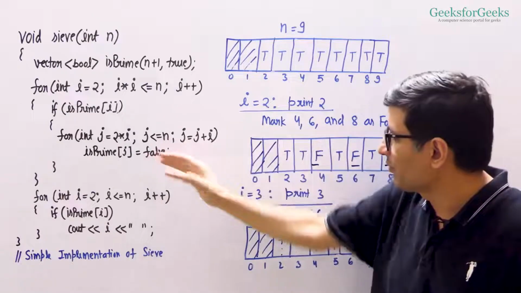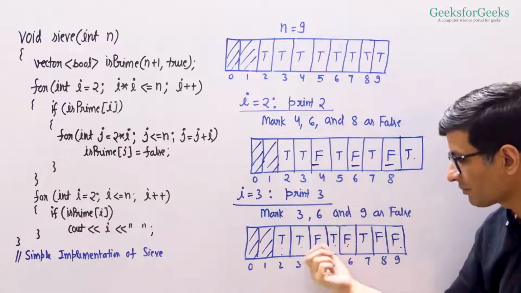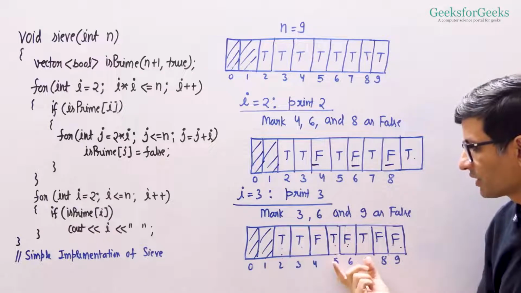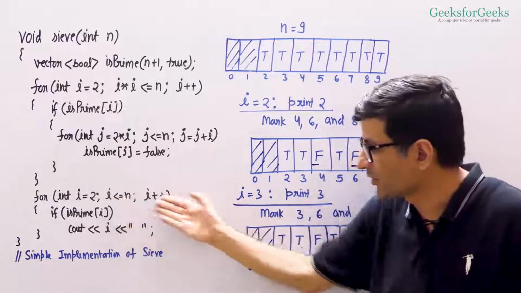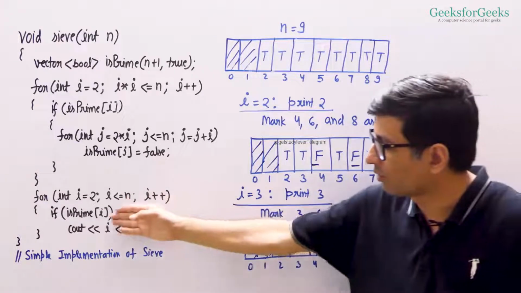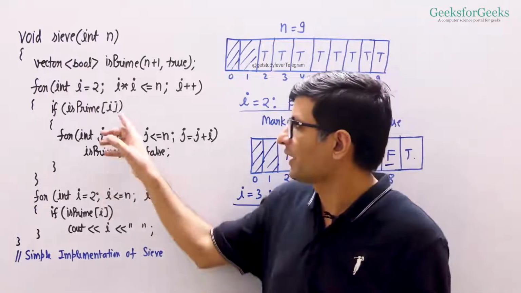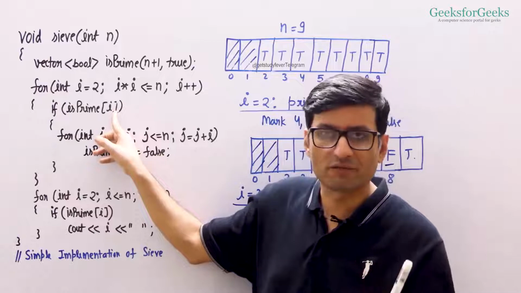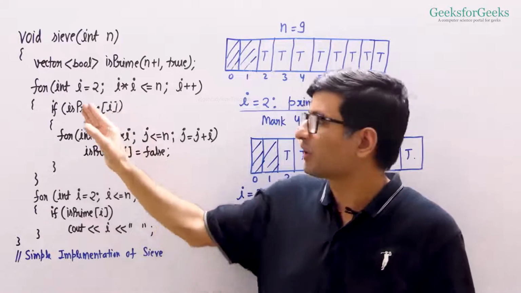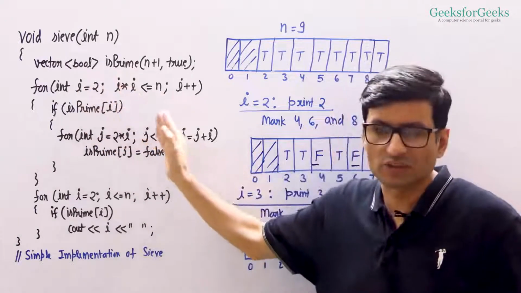And after this loop, we have all the primes marked as true. So we simply traverse through this array and print all those entries which have value true. One more interesting thing to note here is, if i is prime, then it will have value true at this point, because you are considering the values in increasing order, right?